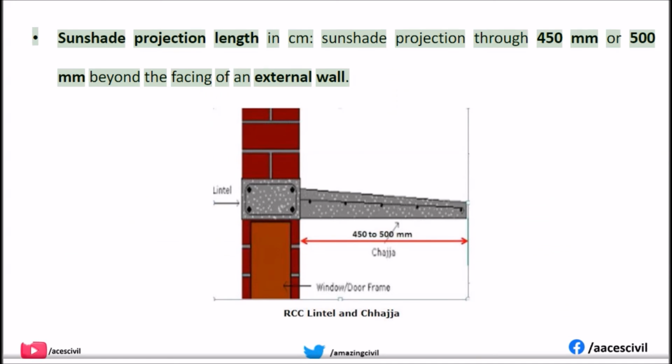Sunshade projection is 450 mm or 500 mm beyond the facing of an external wall.